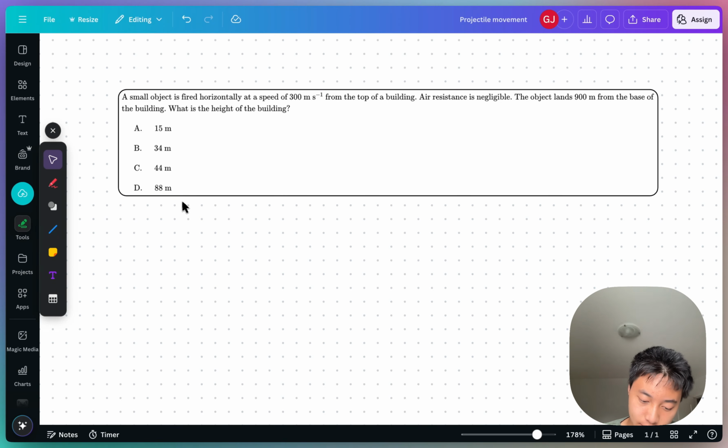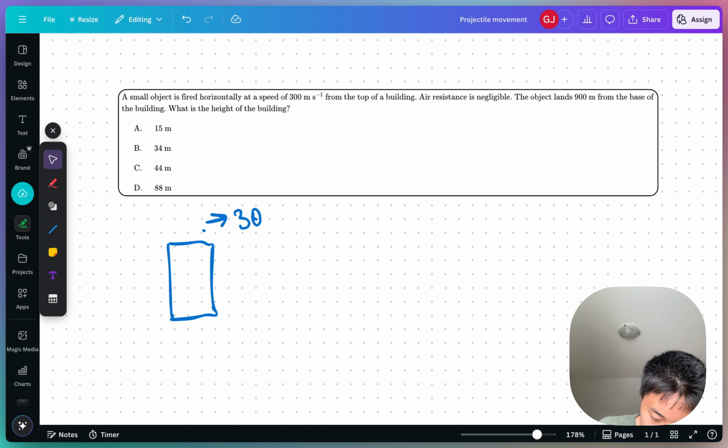And we're given four options. Okay. So first, let's visualize this. We have a building and we have a small object and it's moving at 300 meters per second.